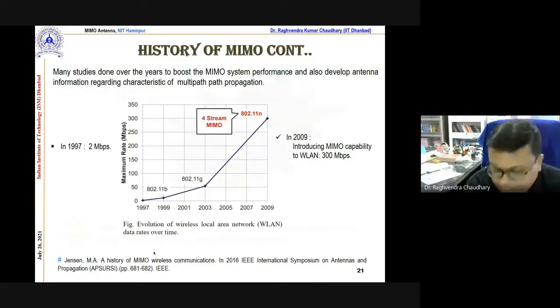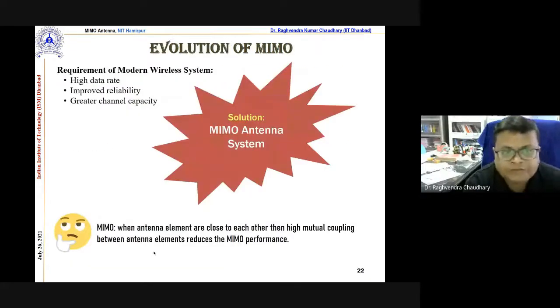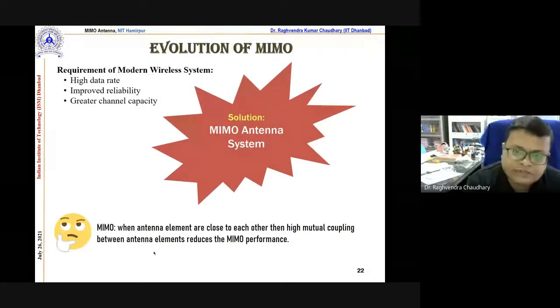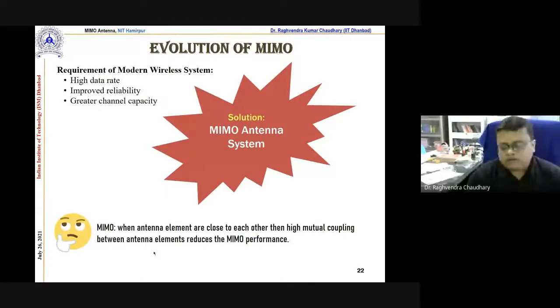Correct. So what of the modern wireless system? If we see, we require improved reliability and channel capacity, and the solution is the MIMO antenna system. Correct. But there is a catch here. What is the catch?